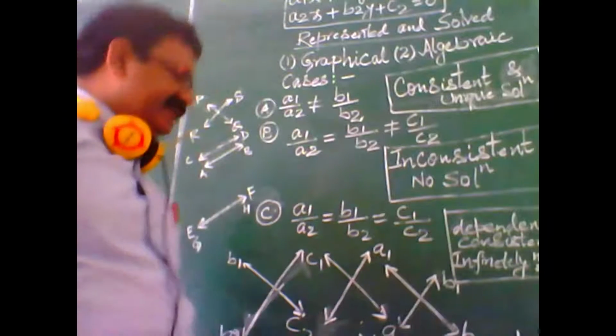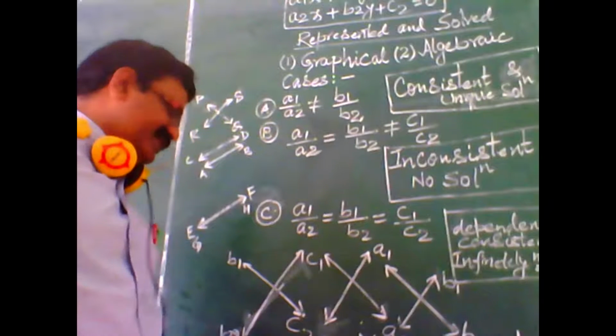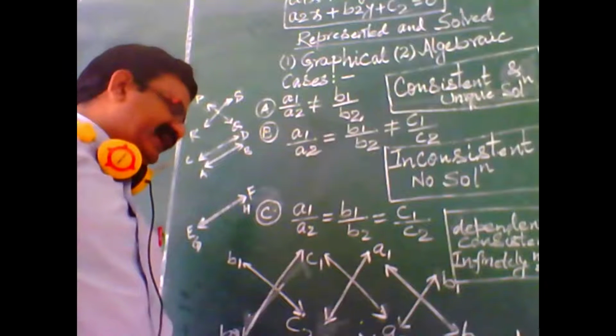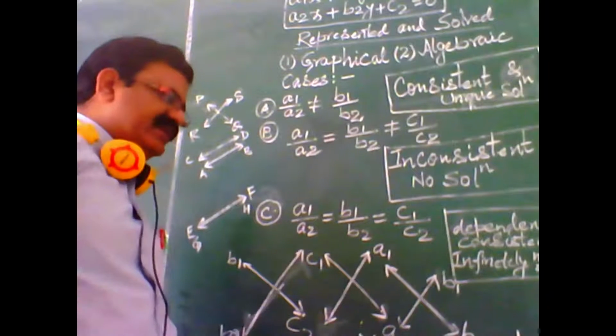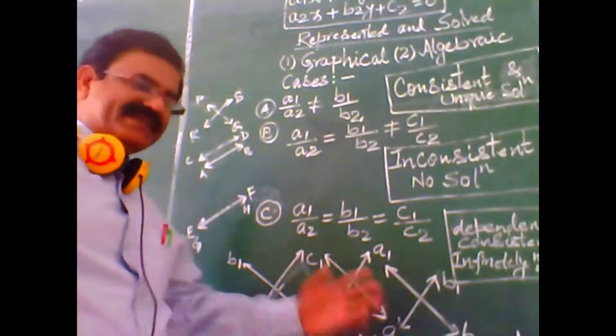After putting the values of the coefficients of x, that is a1 a2, coefficients of y, that is b1 b2, and constant terms c1 c2, very easily in 2 steps you can directly find the values of x and y.